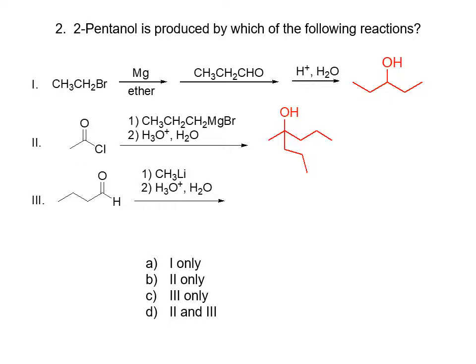So tertiary alcohol, that's not 2-pentanol. And the last one must be the correct answer. So we have butanal reaction with methyl lithium followed by acidic workup, and that gives 2-pentanol. So the correct answer is 3 only.